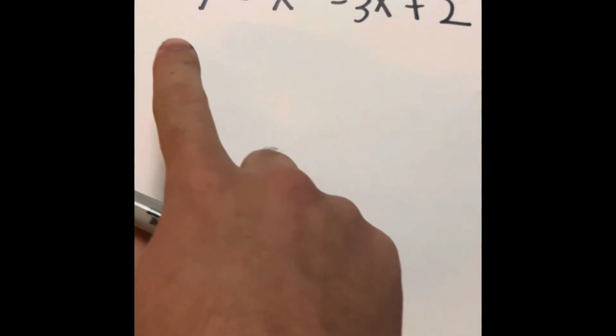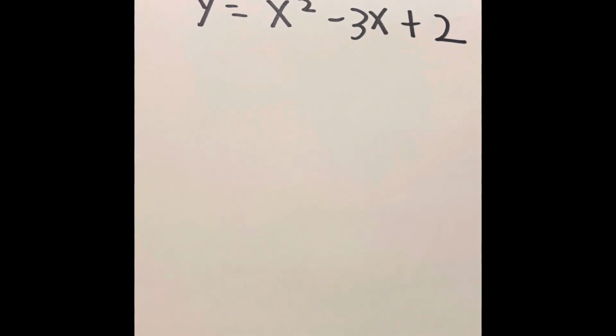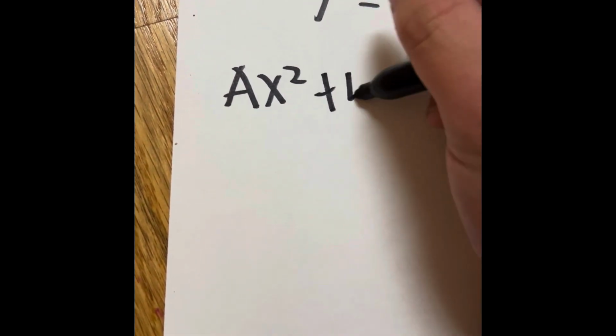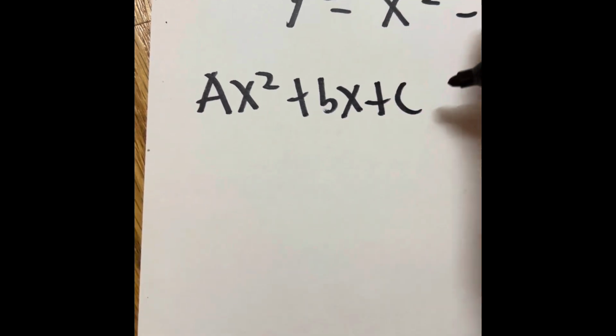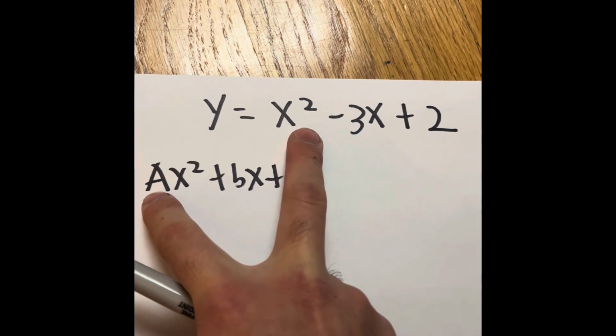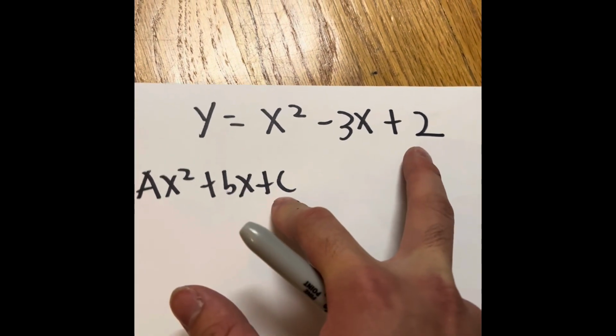What we have to do is try to make it look like that. This formula looks like a standard formula, meaning it follows ax squared plus bx plus c.